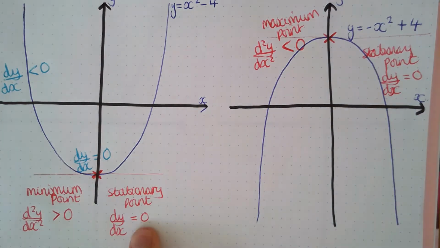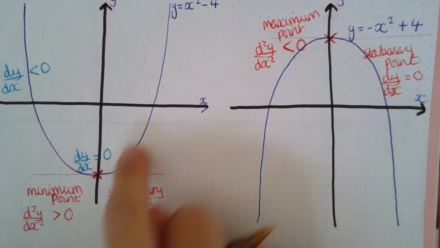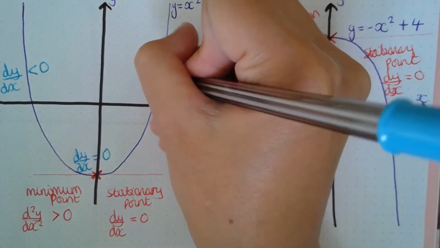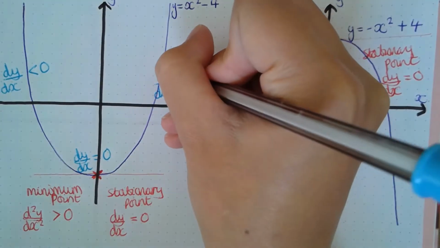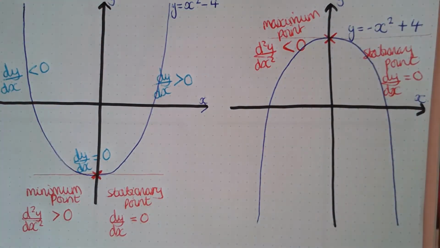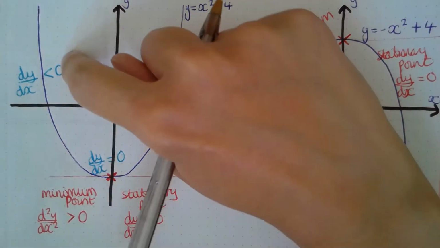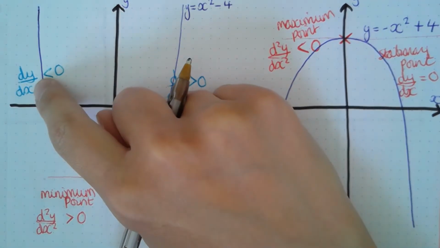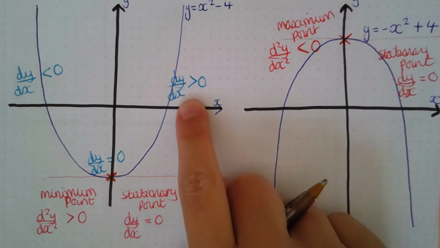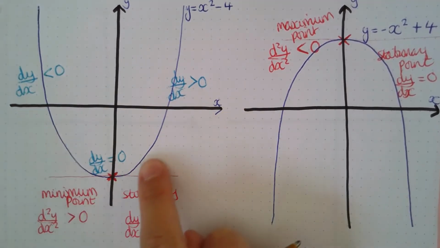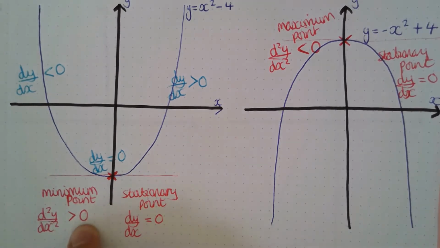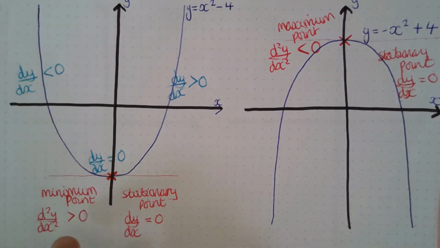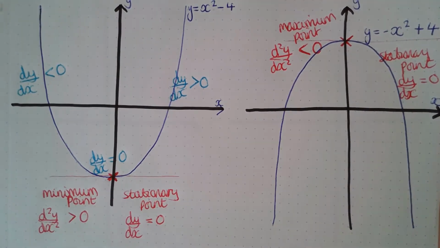And over here my gradient is increasing, so it's greater than 0. So my gradient has gone from negative to 0 to positive. The gradient is increasing, which is why my second differential is greater than 0. But this relates to something that we're going to talk about today.